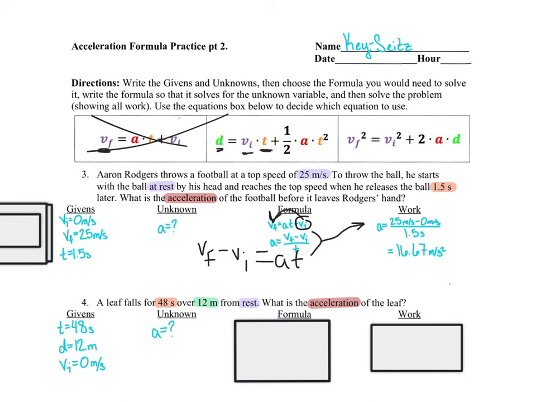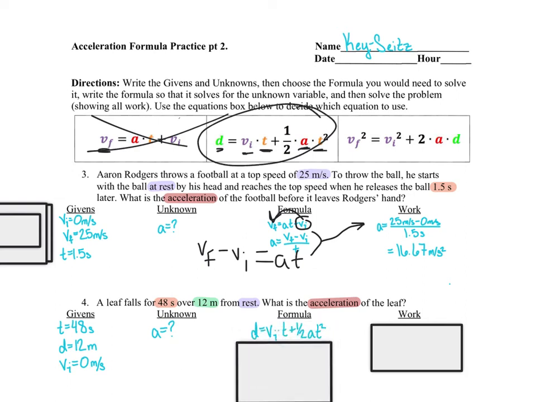Time, exactly what we want. And acceleration, perfect, and another time. So the second equation is the one we want to use. In this case, we don't want to solve that one for distance. We want acceleration, like our unknown shows. So this one we now have to solve for that acceleration.